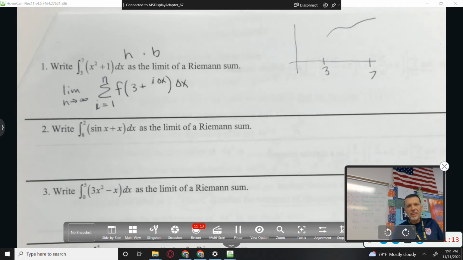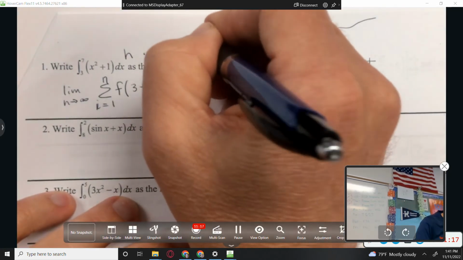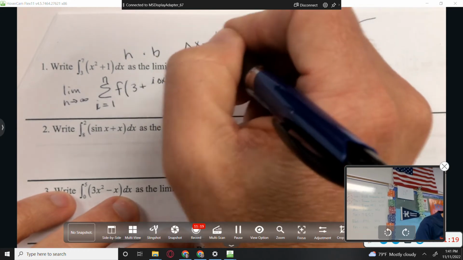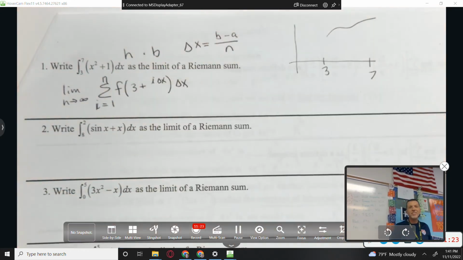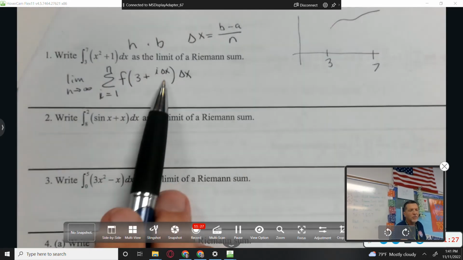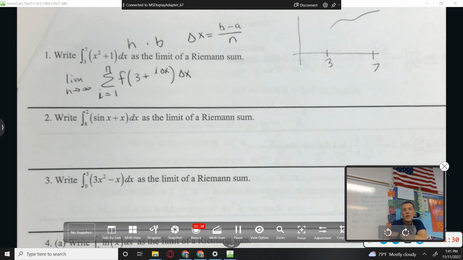That's not my final answer, but that's a pretty good start. Why'd you write that if you were going to divide by something? Because I was mixing up things in my head. I know that delta x is b minus a over n, so I was thinking about dividing, but I don't divide yet. I'll divide when I put delta x in.